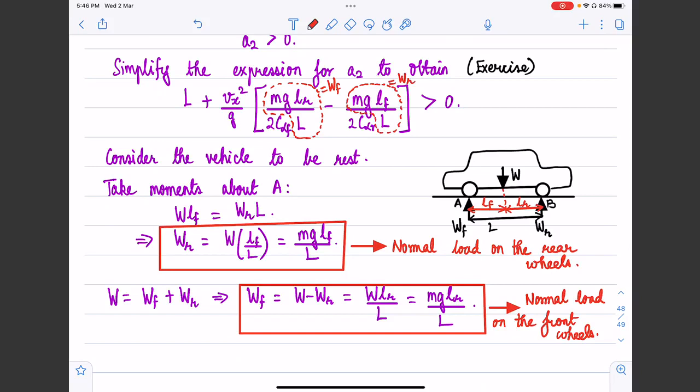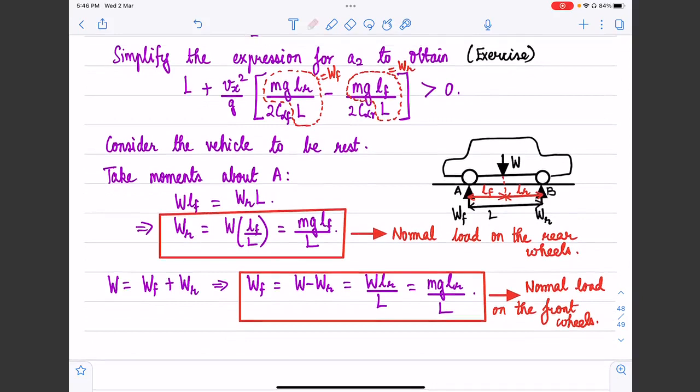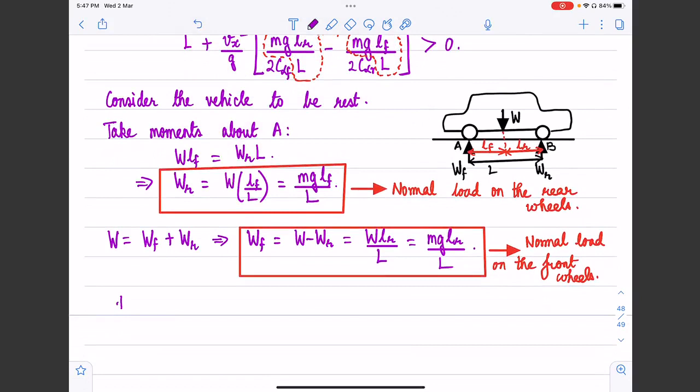Consequently, we can see that the condition for asymptotic stability can now be rewritten. Write it carefully. Thus, the condition for asymptotic stability can be rewritten as the following.